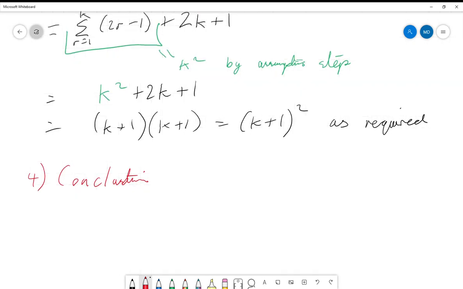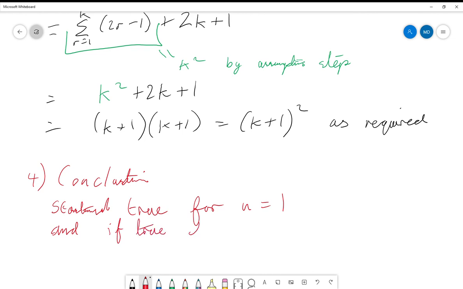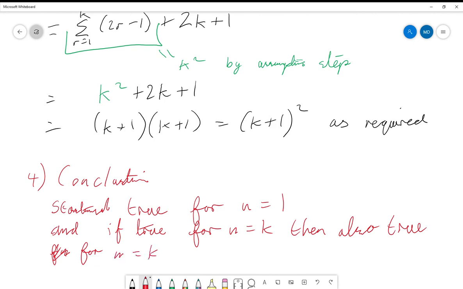Statement true for n equals 1, and if true for n equals k, then also true for n equals k plus 1.